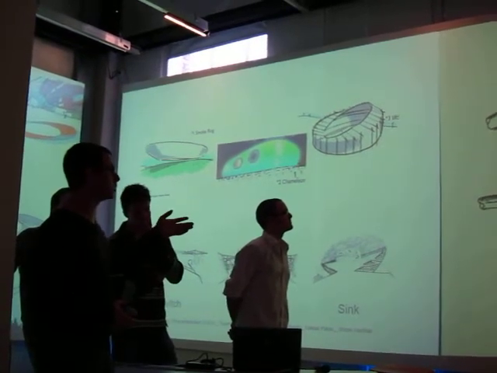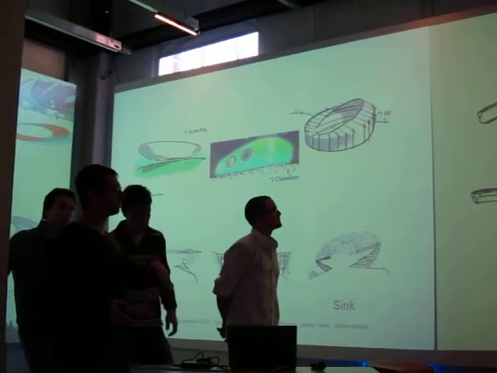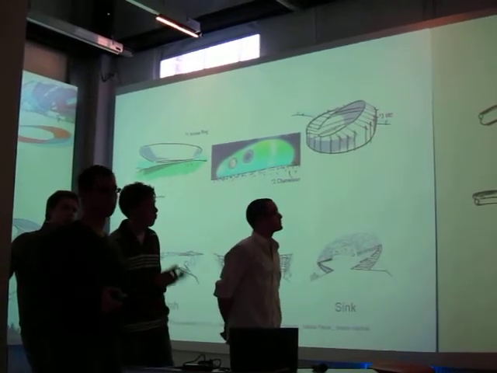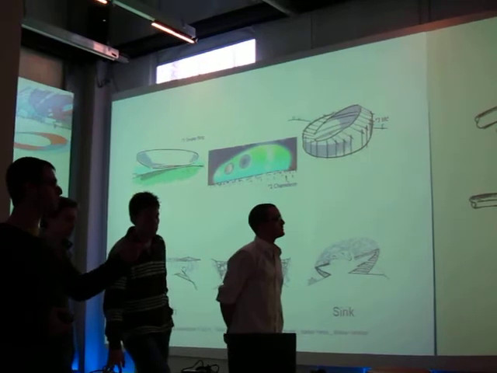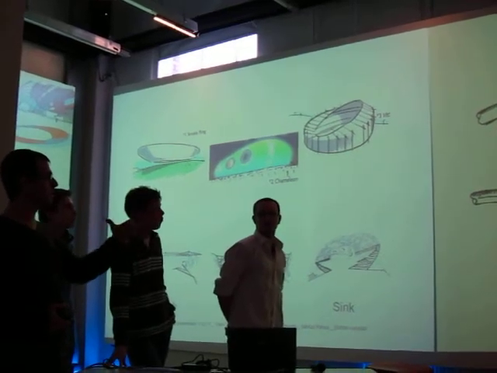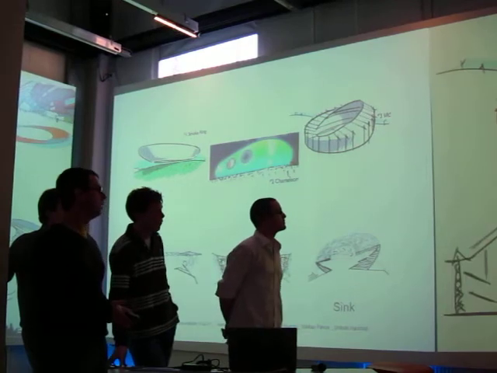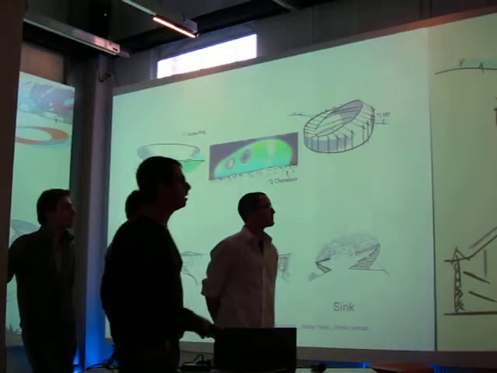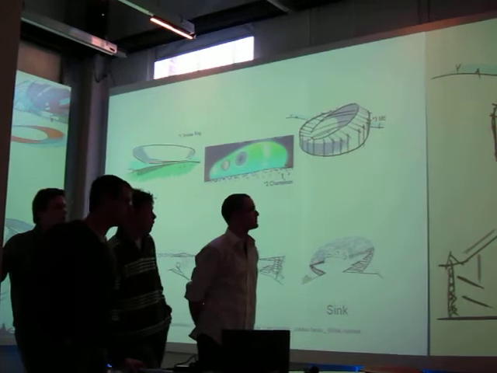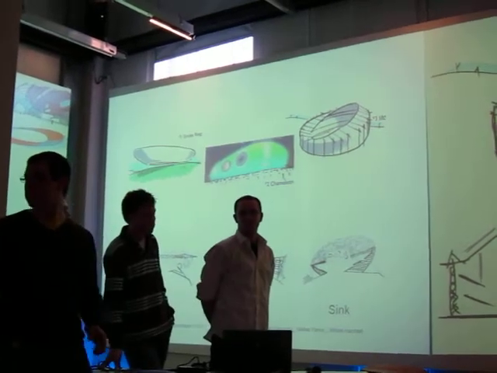So this was trying to think how we can get a 400% increase in span between two rails.